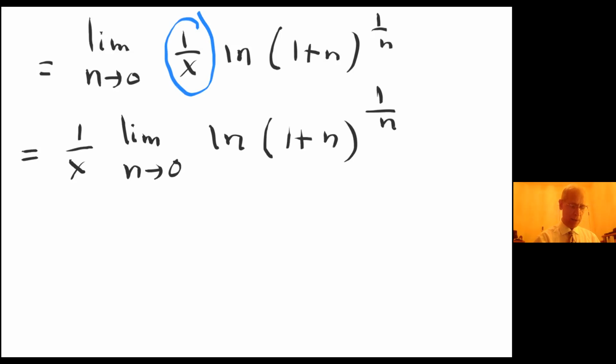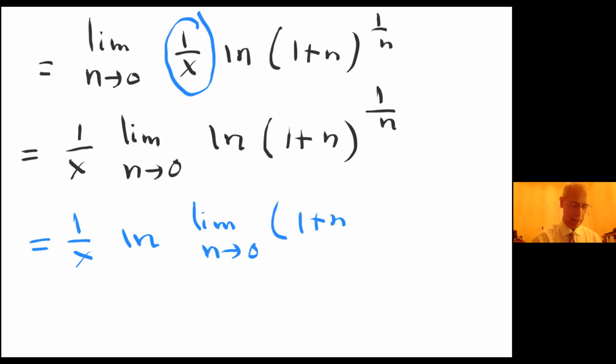And so I know that by definition, we just showed that this was my e limit. Actually, let me do one more step and rewrite this as 1 over x natural log of the limit as n approaches 0 of 1 plus n to the power of 1 over n.